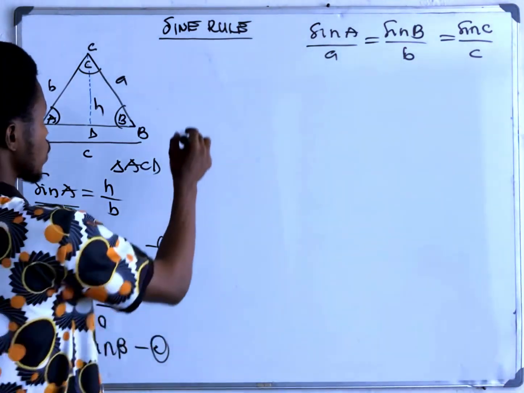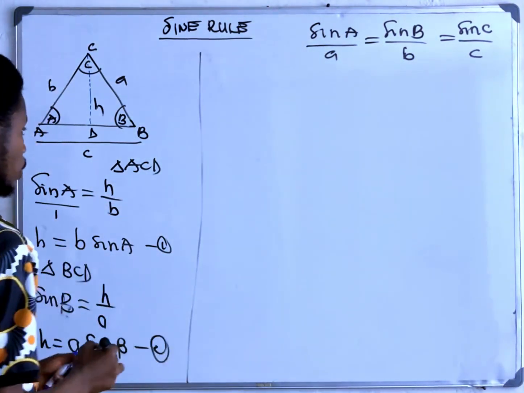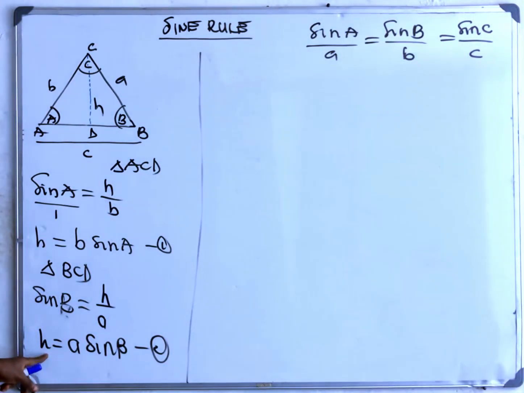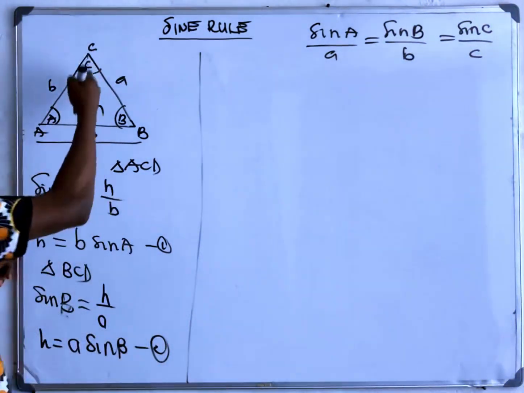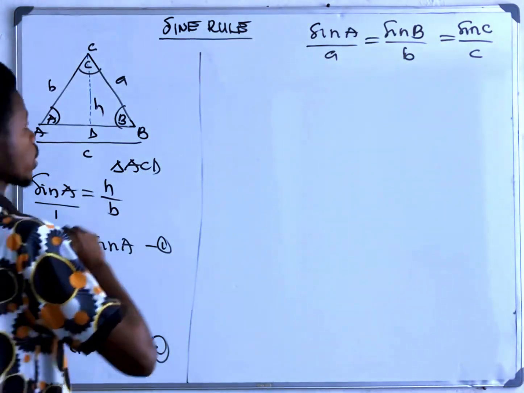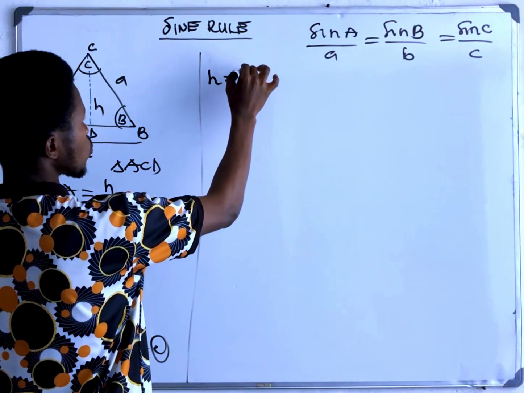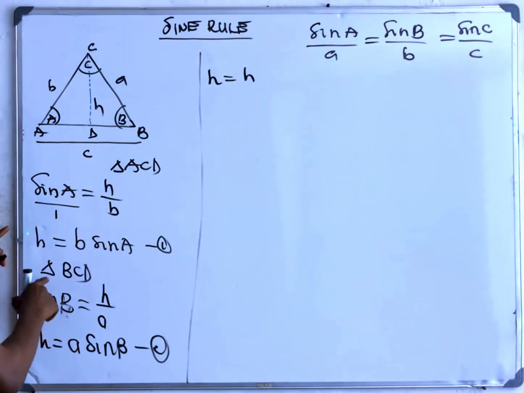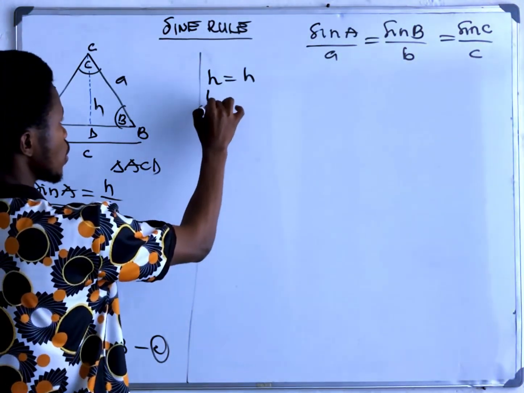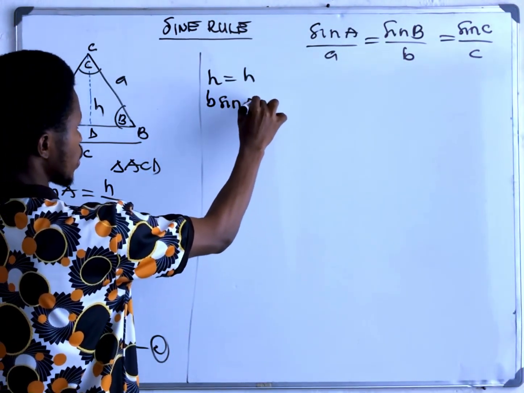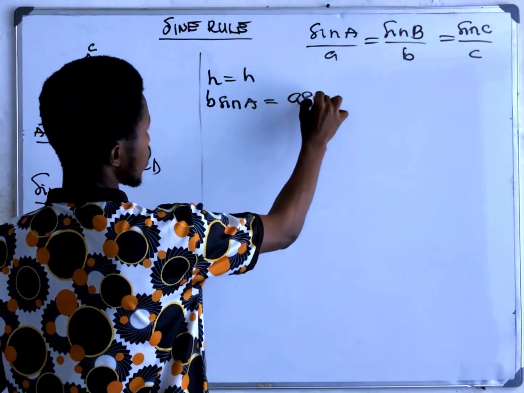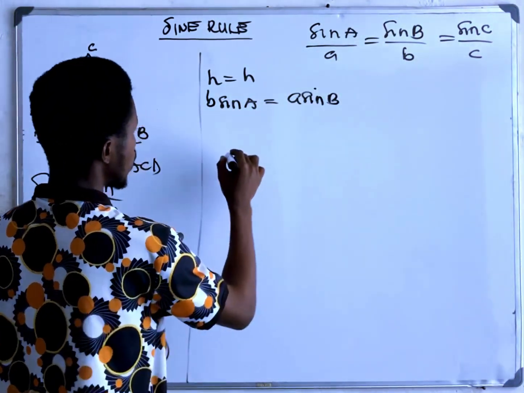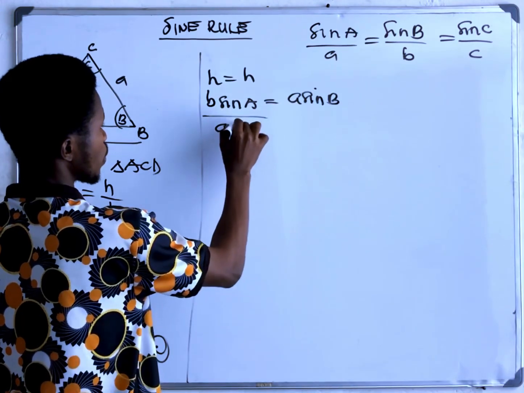Now, let me divide it like this. We can say that h is equal to h, because they are all possessing one height. So what it means is that my h is equal to what? The first h from equation 1 is b sine A, and the second one is a sine B. Now let me divide through by ab.